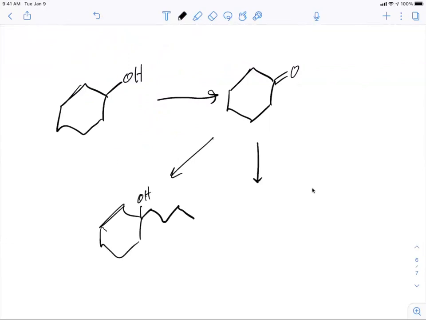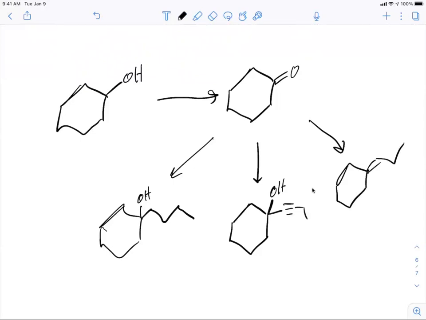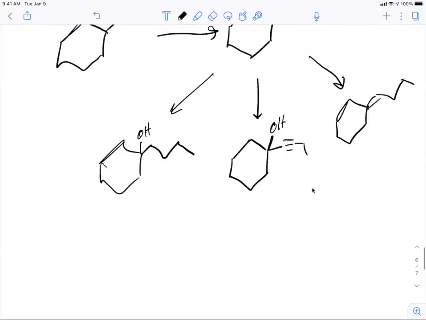We could go to that species, or we could go to this one, right? So 4 carbons, right? So then we've got these, and then we can think about which way we're going to go.